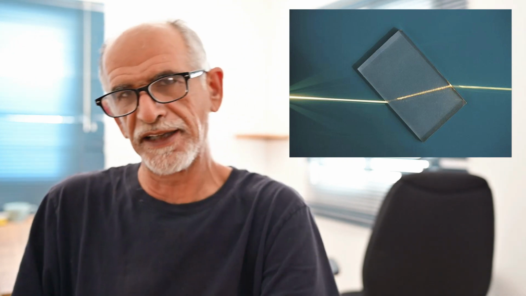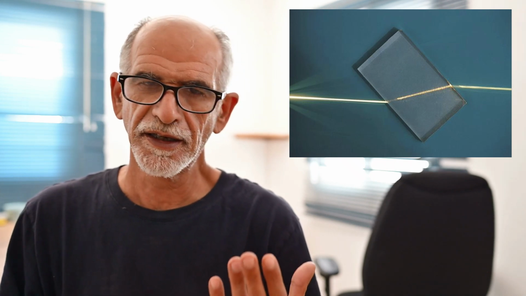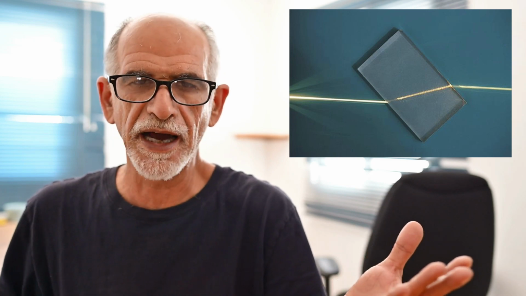Accordingly, the angle of flow changes inside the material. Now, the denser the glass, by dense I mean the density of electrons inside the glass, the larger the change in the angle of light.